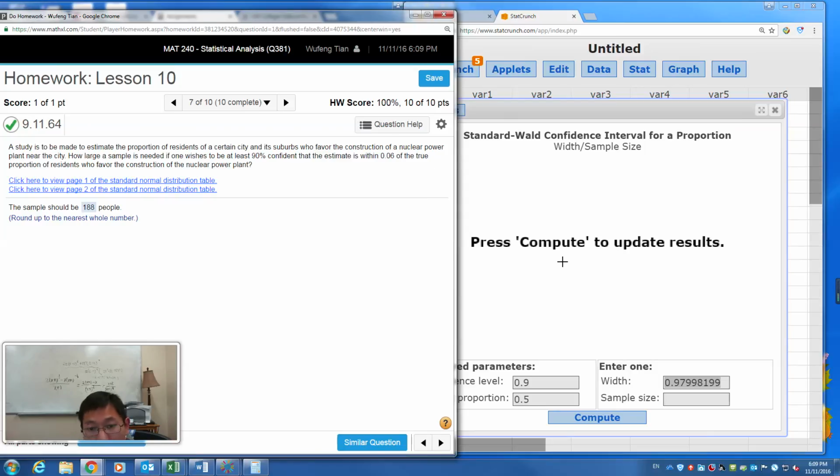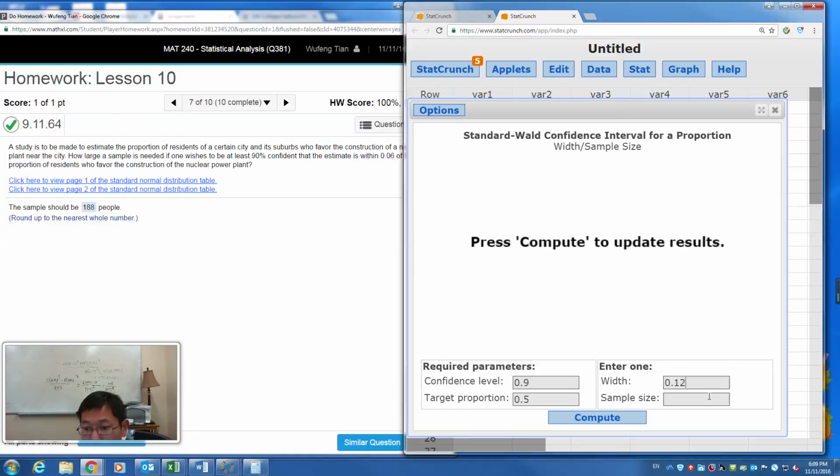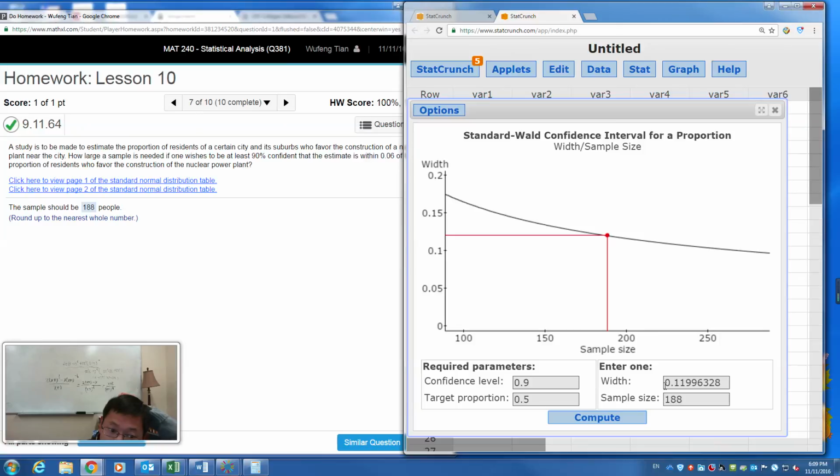So positive 0.06, negative 0.06 together is 0.12. So compute, the number is 188 for the sample size. Since it does not give you any of the targeted proportion, you just use a 1/2. 1/2 fail, 1/2 success, like that.